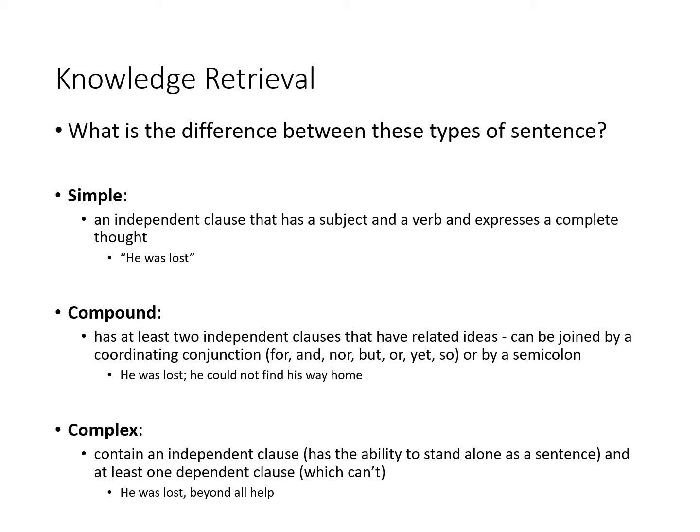It doesn't have a subject. The subject of beyond all help is he, but he is in the first part of that sentence. So that is a complex sentence: an independent clause or a simple sentence, and a dependent clause which doesn't make sense without the independent clause.